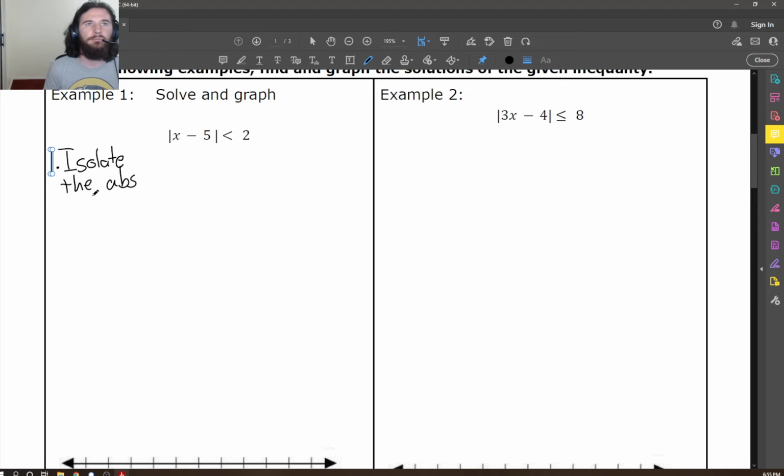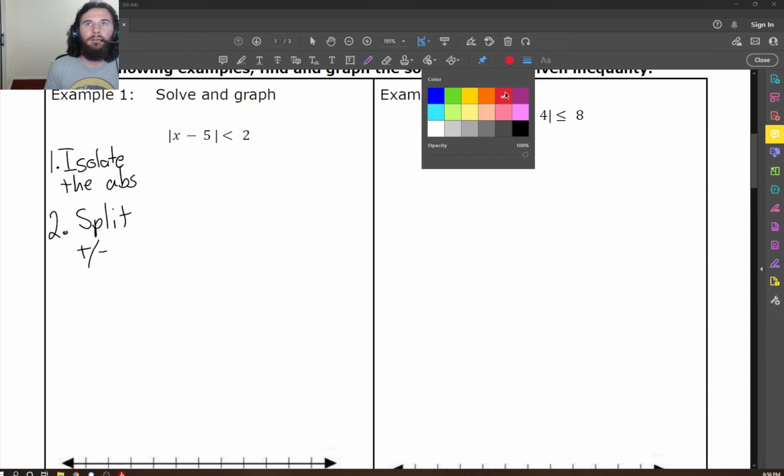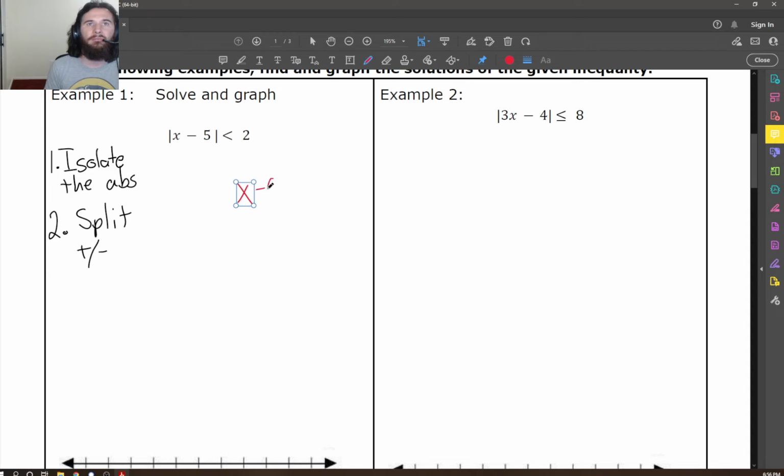Great. Now the second step is to split into positive and negative. That is where inequalities are a little bit different. So we have x minus 5 is less than 2, but it's also greater than negative 2.